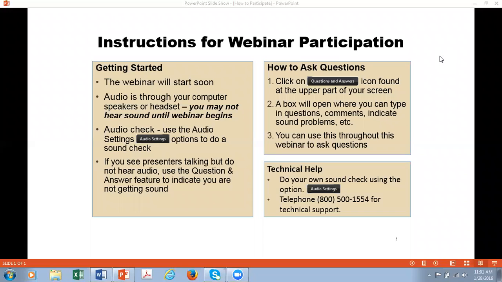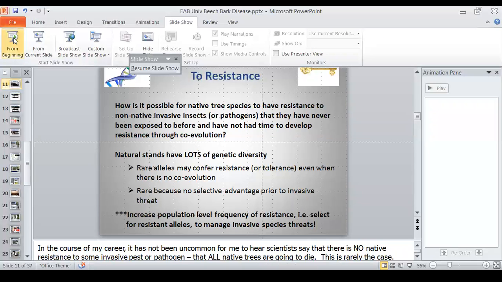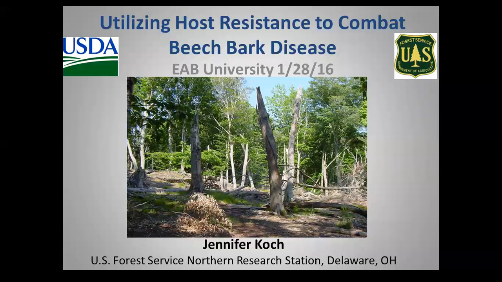She is interested in using genetics and breeding to manage invasive insects and pathogen threats through the development of host tree resistance. Her research is currently focused on developing resistance to beech bark disease in the American beech and resistance to the emerald ash borer in North American species of ash.